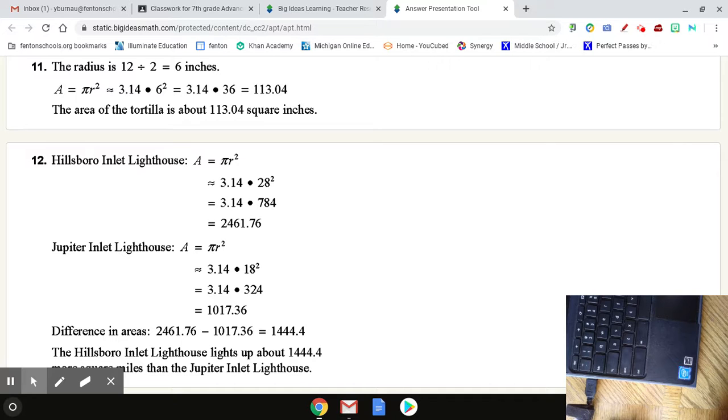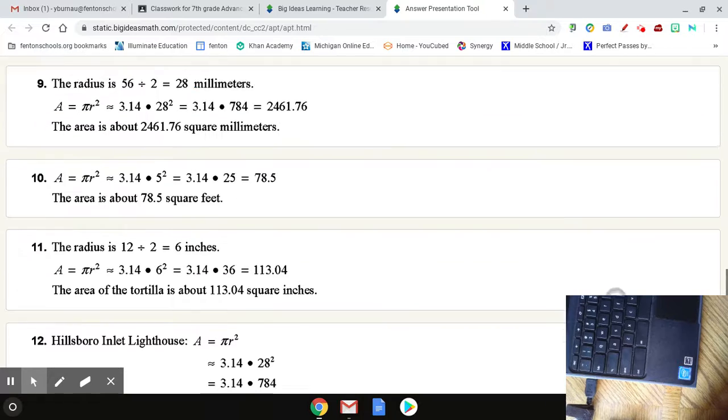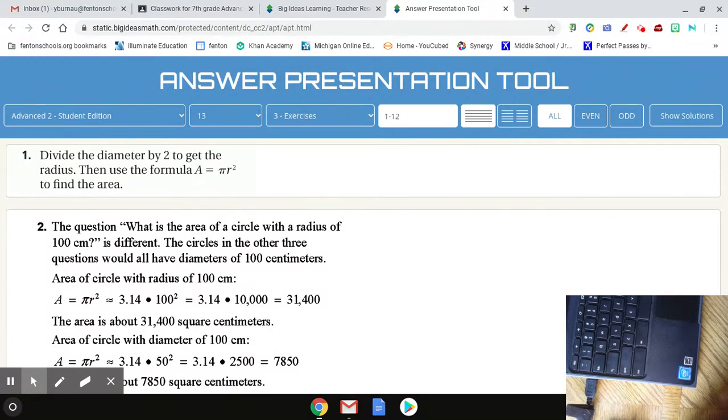When you find the difference of the two areas, it's 1,444.4. So the Hillsborough lights up about 1,444.4 more square miles than the Juniper Inlet Lighthouse. All right, so those are the answers 1 through 12 from page 568.